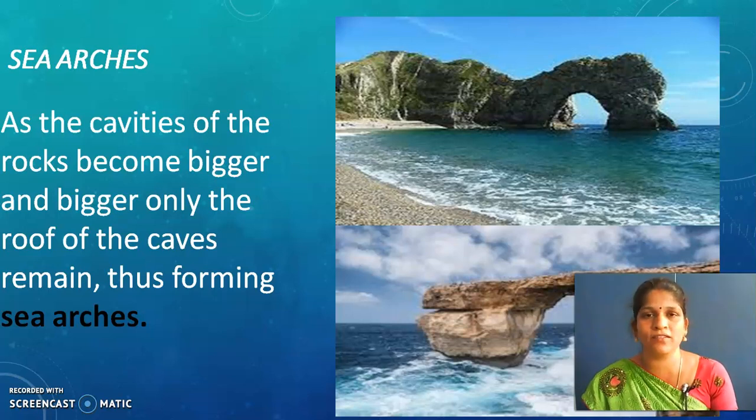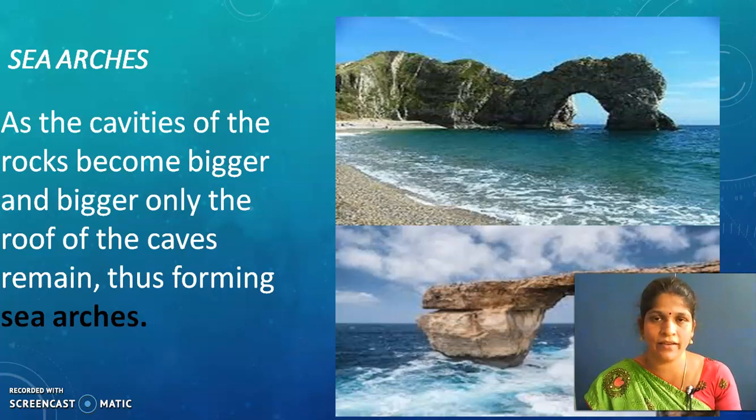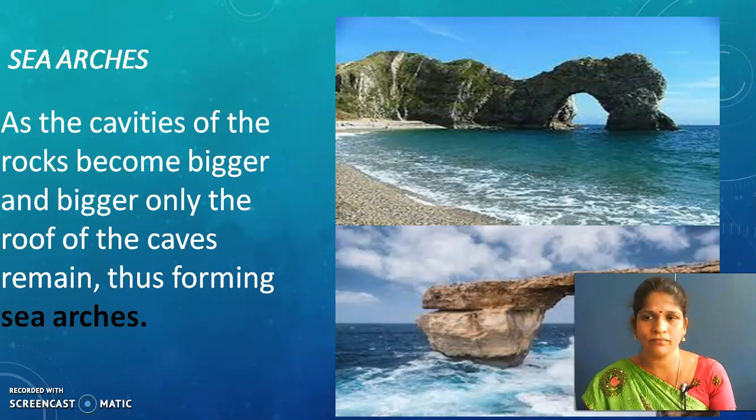So that reminds us of a structure we call sea arches. Yes, children, what is called a sea arch? As the cavities of the rocks become bigger and bigger, only the roof of the cave remains, thus forming sea arches.